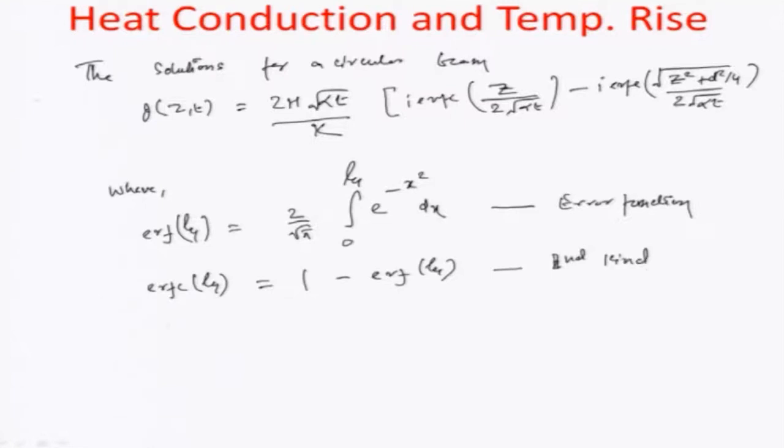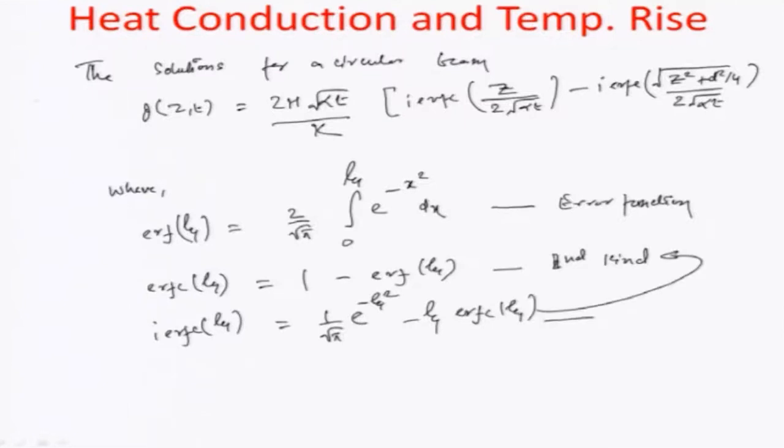There is another representation of the same error function, and we call it the error function of the third kind, or third type. It is 1 by root pi e to the power of minus zeta square, minus zeta times the error function of zeta, that of the second kind. Okay. So, we call this the third kind. That is how we have defined these different values.